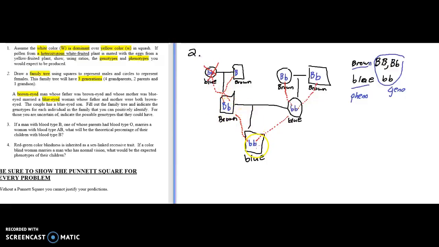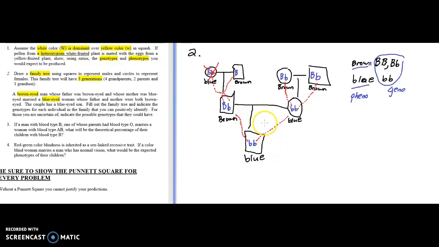If that is his child, he had to pass that child one of those little b's. You will never get both of your letters from one parent. So don't say, oh, the son here, he got his blue eyes from his mother. No, he got half from his mother. The other half came from his father.